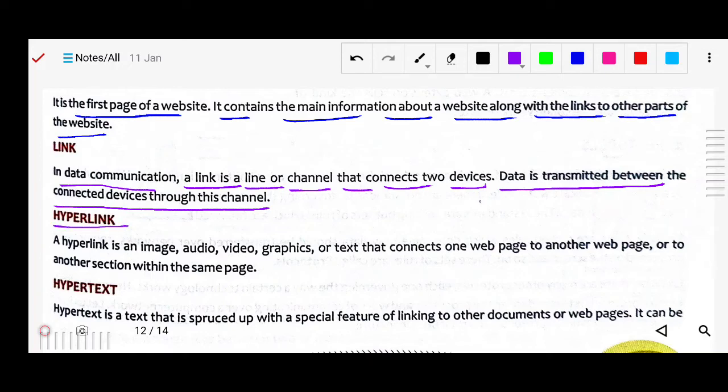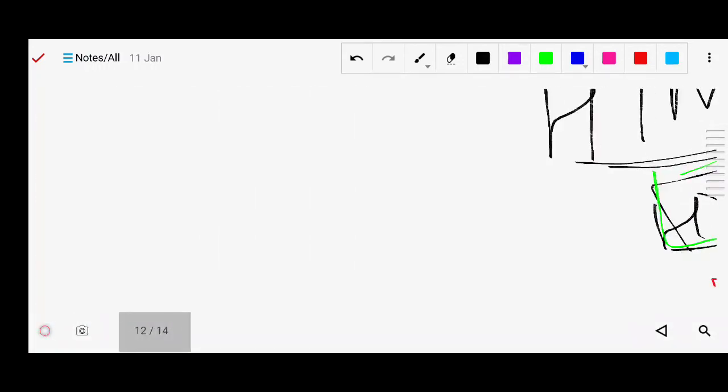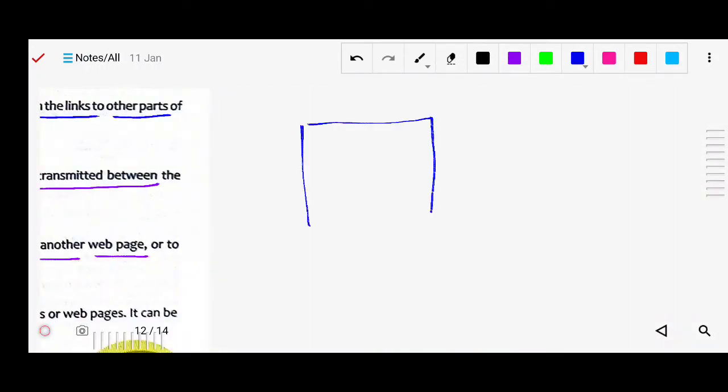Now next, hyperlinks: an image, audio, video, graphics or text that connects one page to another page, or to another section within the same page. For example, suppose on a web browser you have searched for a picture of the Taj Mahal.